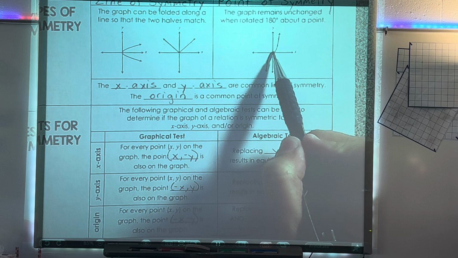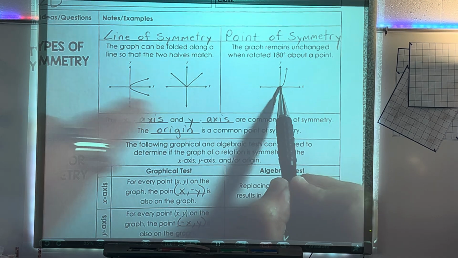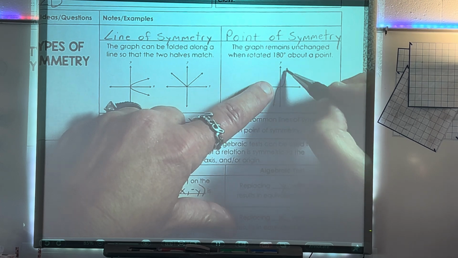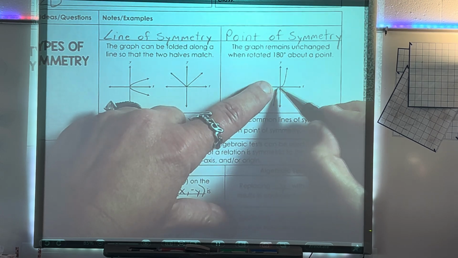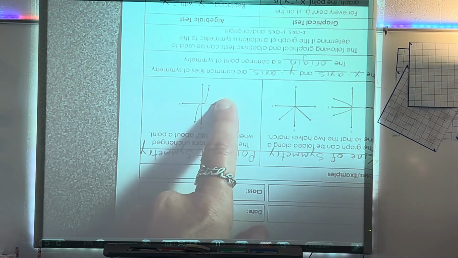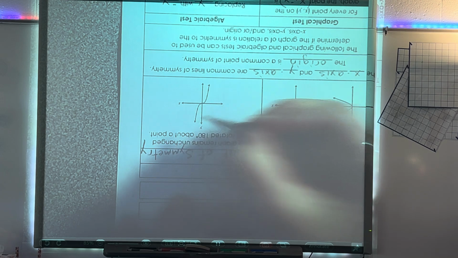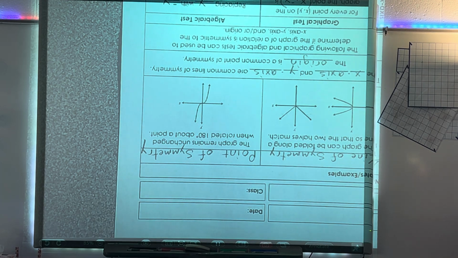If my origin is my point of symmetry, then this is going up over here and down over here. If I rotate my graph around 180 degrees, up over here, down over here, it looks exactly the same when we rotate it 180 degrees. Does that make sense?